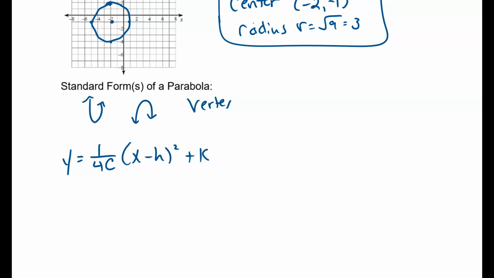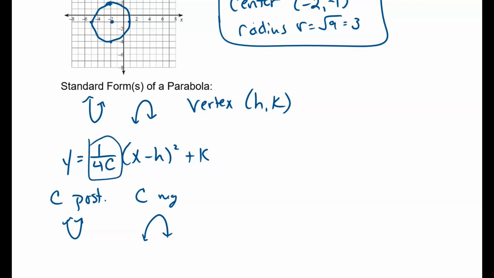Remember, your vertex of the parabola is always (h, k). C is used to solve for the focus of the parabola. Just remember, if your C is positive, it will open up, and if C is negative, your parabola will open down.